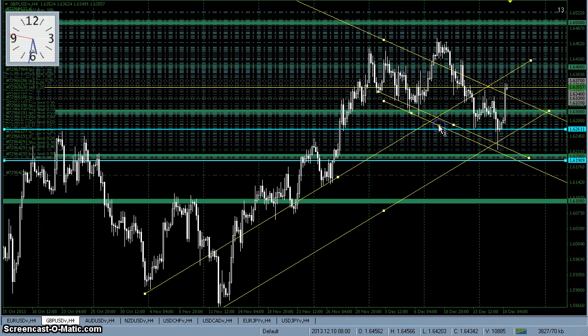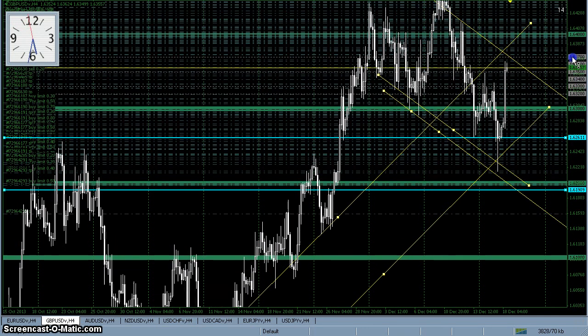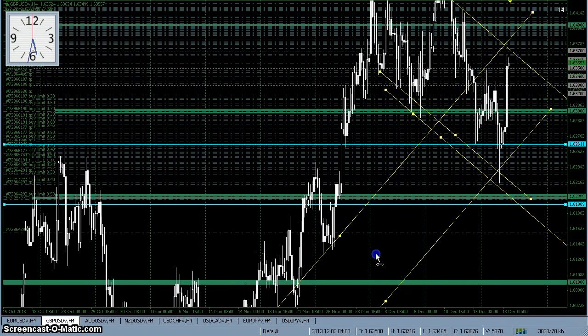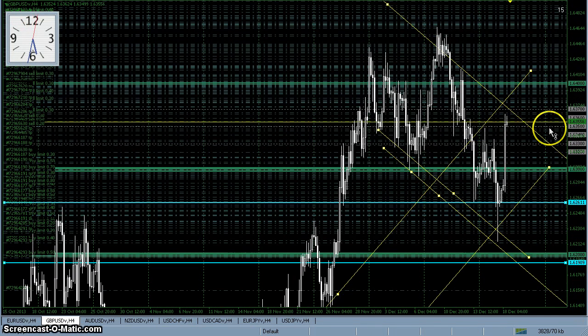Okay. But they really let you know you can't do that. But here would be the down stairway forming now, possibly British pound. Of course, I'm just scalping this 10 pip window here.